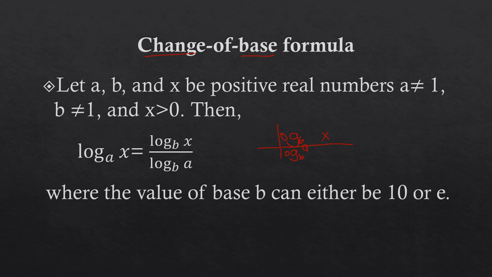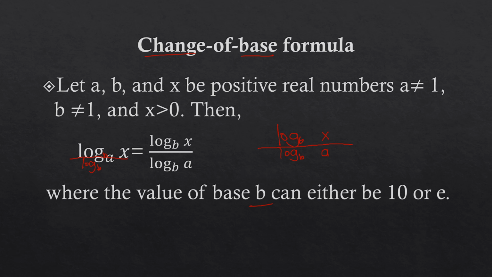So let me rewrite this one. The a here looks like my exponent, so it should be in line with this one. You can apply a slice on that so that you may not have to memorize it, and then put your base in here. But if you have base 10, then you don't need to write that. The value of base b can either be base 10 or base e, which is our natural logarithm.